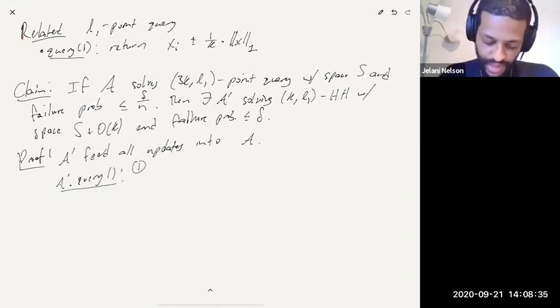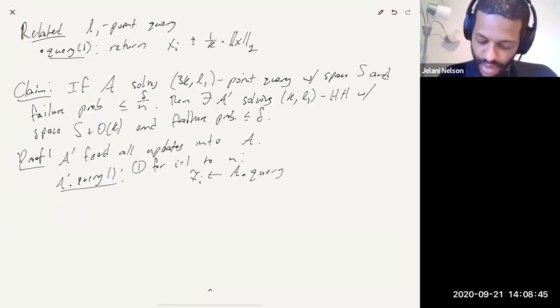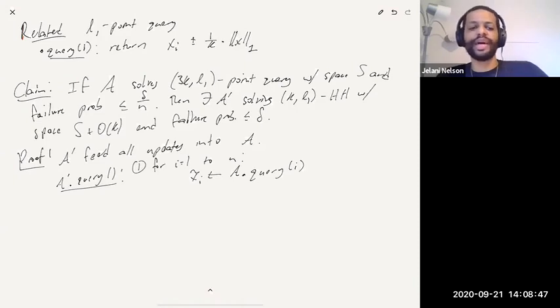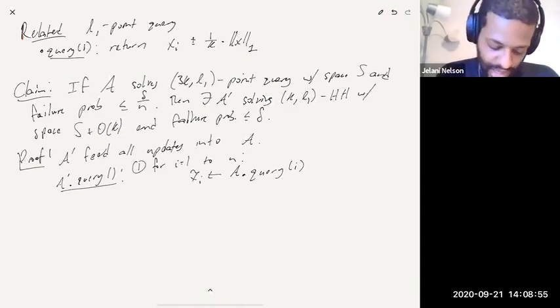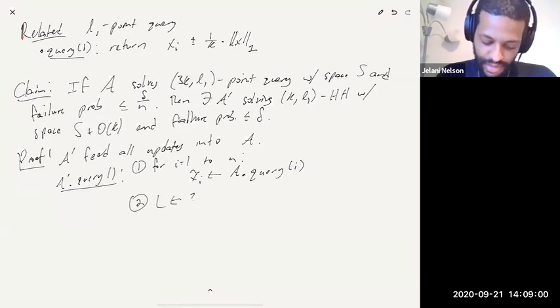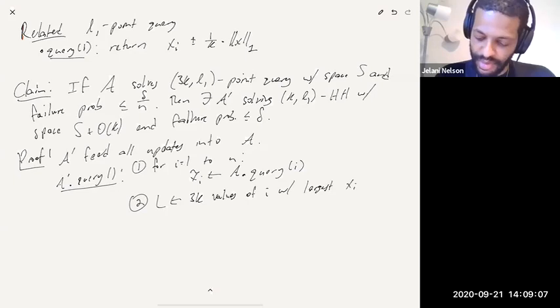So you say for, let's say, i equals 1 to n, xi tilde gets A dot query i. So I just basically query everyone in the universe, okay, and I ask A for an approximation to xi, and then I let L be the 3k values of i with the largest point query values in magnitude.